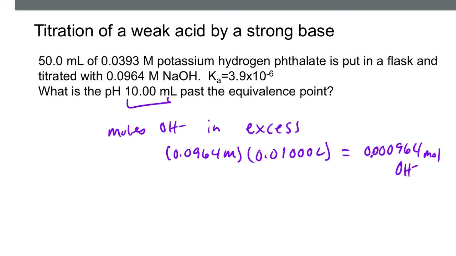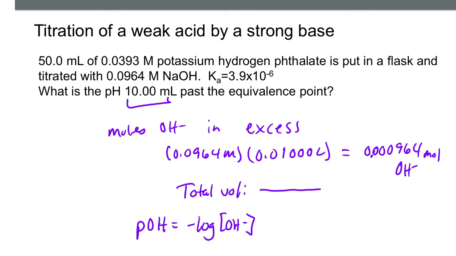We want concentration because eventually we want to find pOH. All right. So we need a total volume. We started with our 50 milliliters of the KHP. And to get to the equivalence point, we had to add 20.4 milliliters.